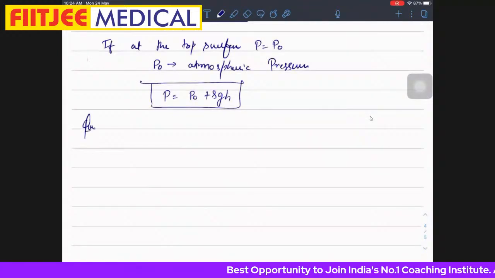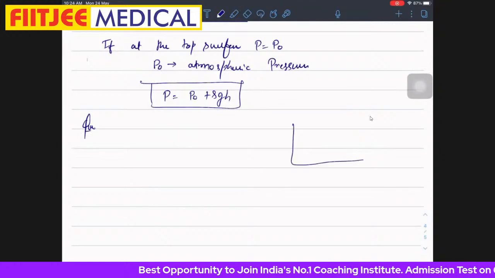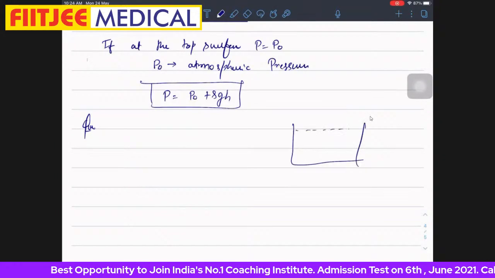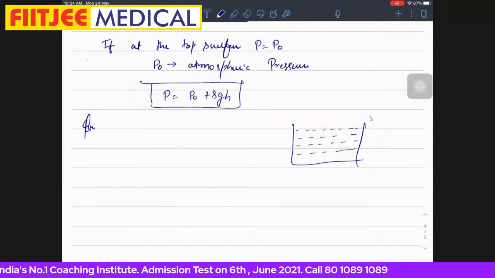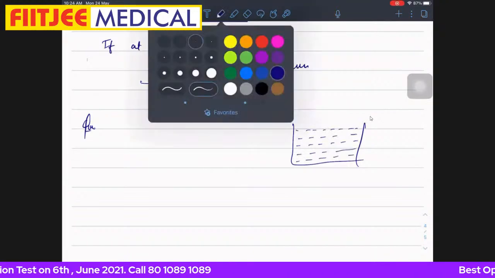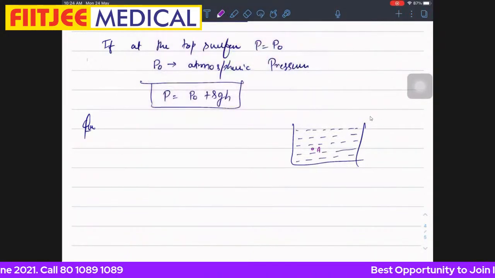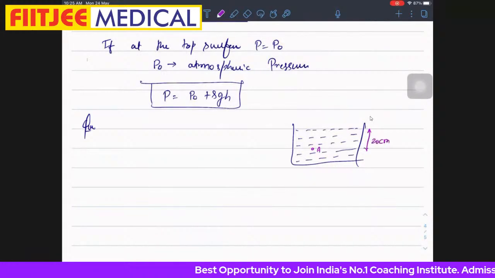I'll take a very simple example to explain this thing. Suppose we have given liquids are there. At any point A, which is 20 centimeter below.